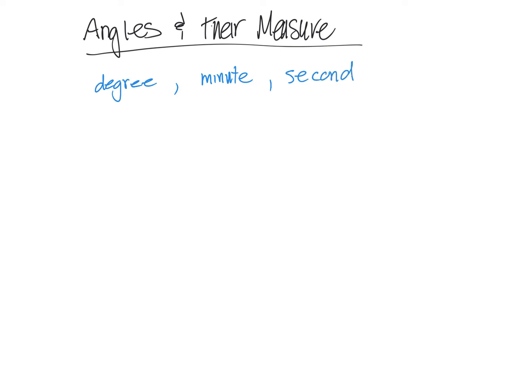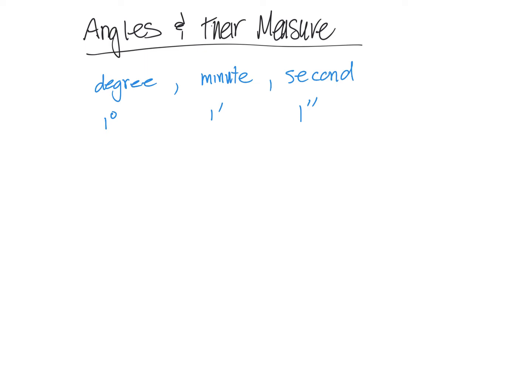And then 1 degree is denoted with a 1 with a circle, and you're probably familiar with that from temperature. But 1 minute is with an apostrophe, and then 1 second is with 2 apostrophes.